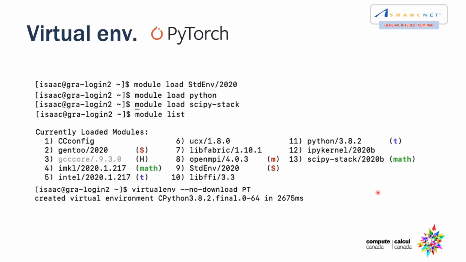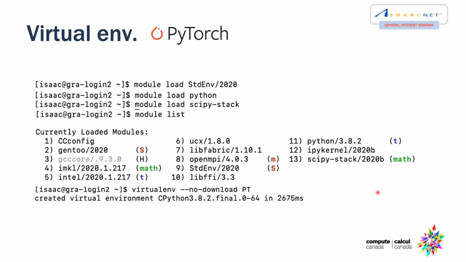For different frameworks like PyTorch and TensorFlow, we need a slightly different approach, but the virtual environment should be the same. As you may see, you better load 3 key modules before you actually set up your virtual environment. You may notice that when you log on to the Grace system, we are actually updating our default standard environment. STD environment means standard environment, but this kind of machine learning job heavily relies on recent development.